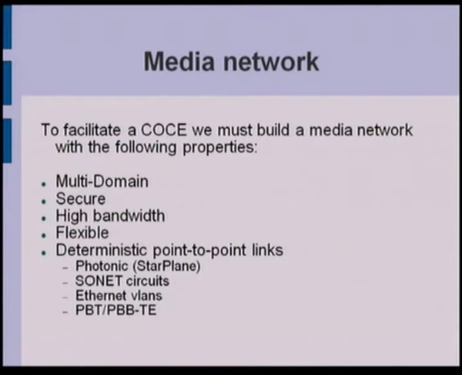It has to be secure because if you, for example, distribute films like from Lucasfilm or something like that, the companies don't want to get it into the wrong hands. So we have to look at traffic separation very carefully. It has to be high bandwidth.